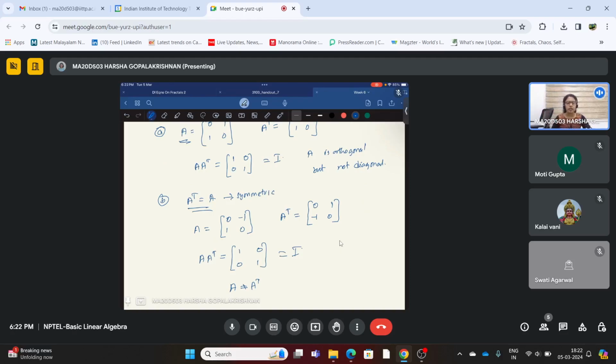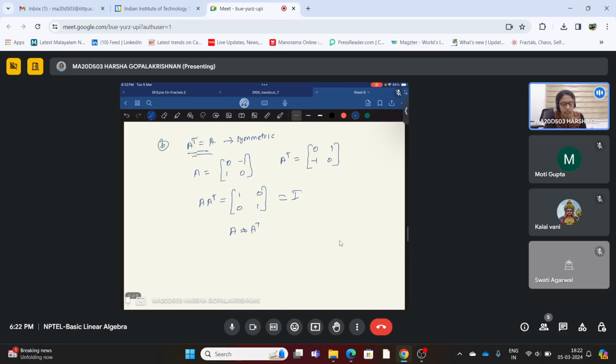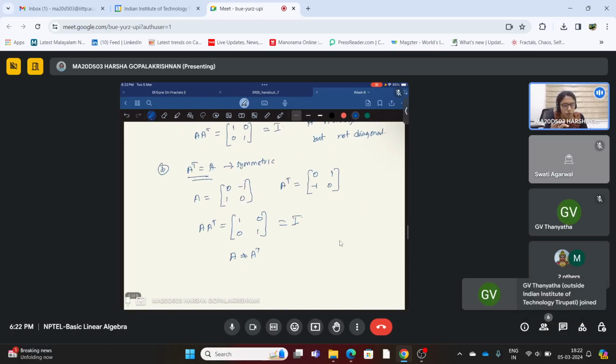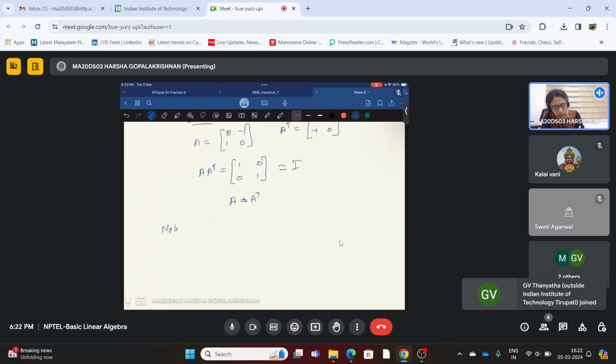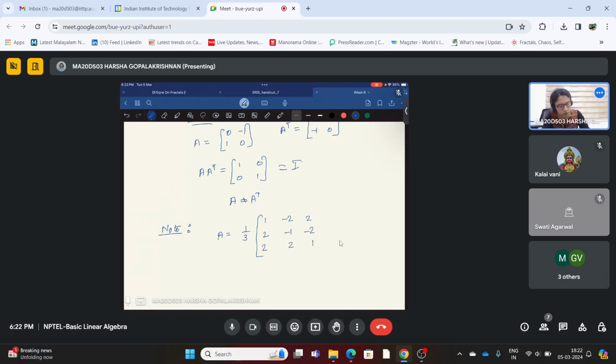Here we are just interchanging rows and columns of the identity, or multiplying with minus 1. Those kinds of things only we are doing. Actually, an orthogonal matrix can be complicated in any way, not just with so many 1s and 0s like that. For example, I will give one matrix: take A equal to 1 by 3 times 1, minus 2, 2, 2, minus 1, minus 2, 2, 2, 1.